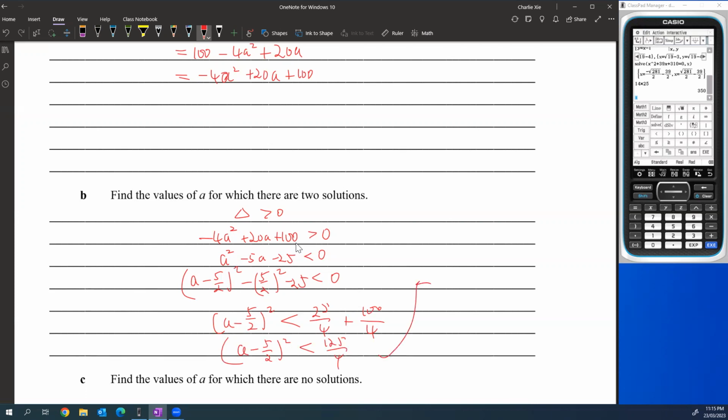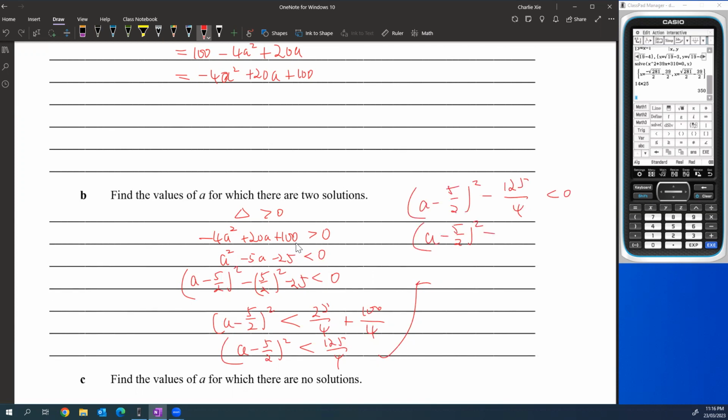Actually, now that's not a perfect square, 125. Okay, let's move everything to one side: a minus 5 over 2, bracket squared, minus 125 over 4 has to be less than 0. And with an inequality, we should always factorize if possible.